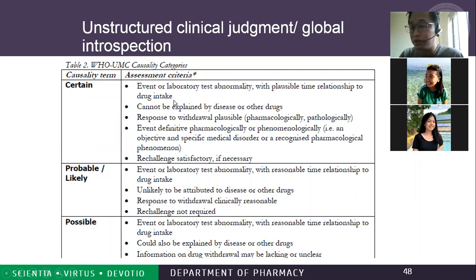For example, first, an event or laboratory test abnormality with a plausible time relation to drug intake. We have to have this, and it cannot be explained by disease or other drugs. Then the response to withdrawal is plausible, even definitive pharmacologically, and re-challenge, if necessary. It is unethical if we jeopardize the patient's condition just to gather re-challenge data.